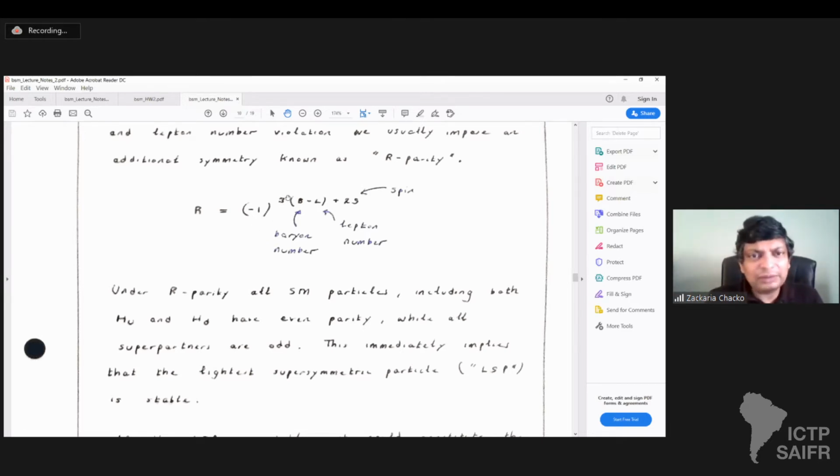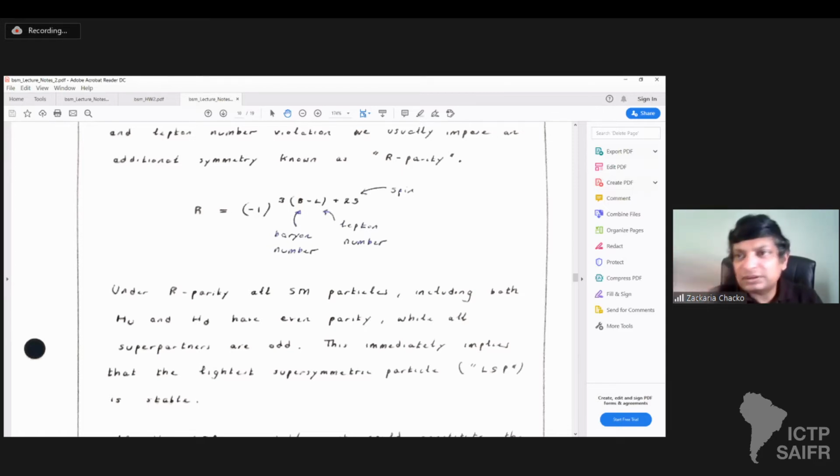And this is how R parity is defined. It's some complicated definition in terms of baryon number, lepton number, and spin. But the only thing you really need to know about R parity is that once you impose R parity, both baryon number and lepton number are exact symmetries.